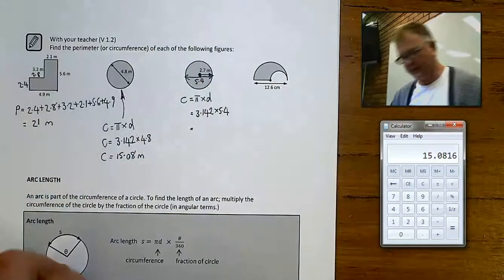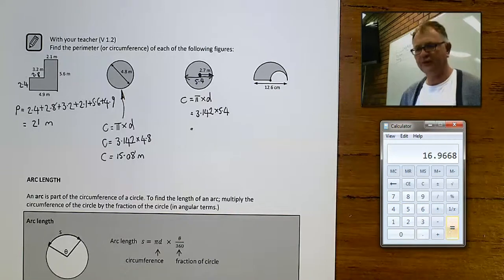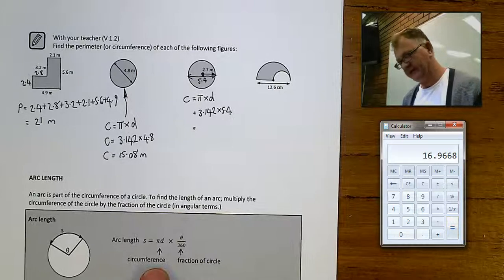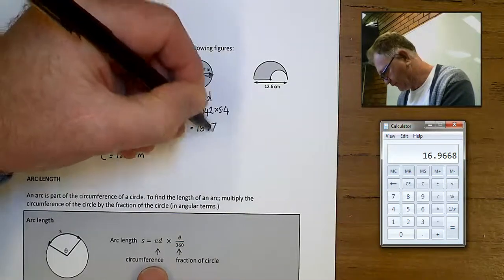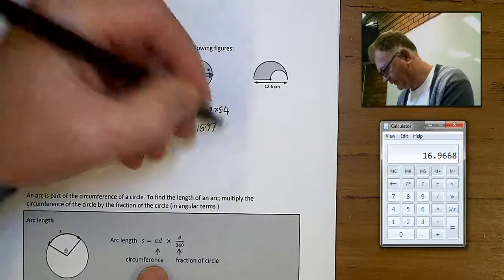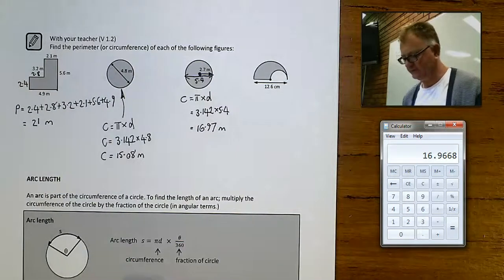And let's see what we get. It's 16.97 to 2 decimal places. And that was in metres, and so my answer is in metres.